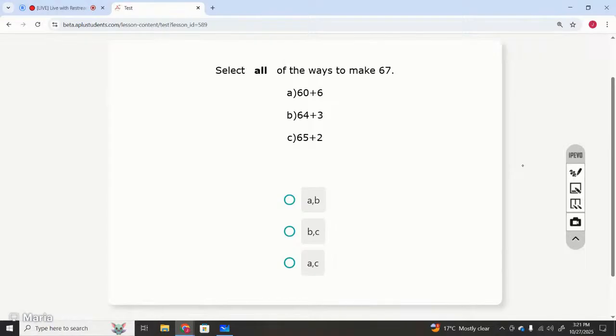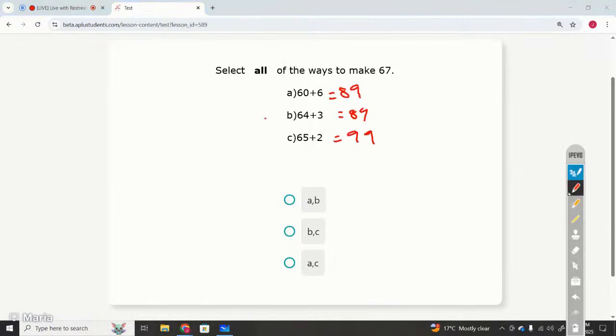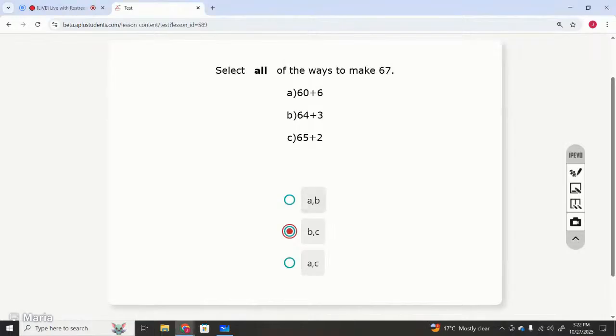That is 64 plus 3 and 64 plus 3 is 67 and 65 plus 2 is also 67. So option number B and C is the correct option.